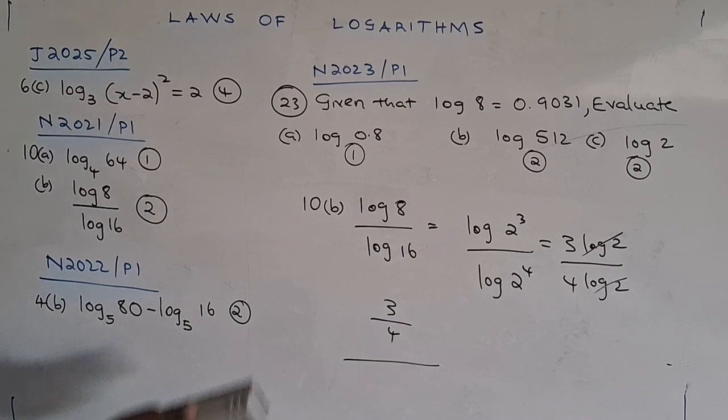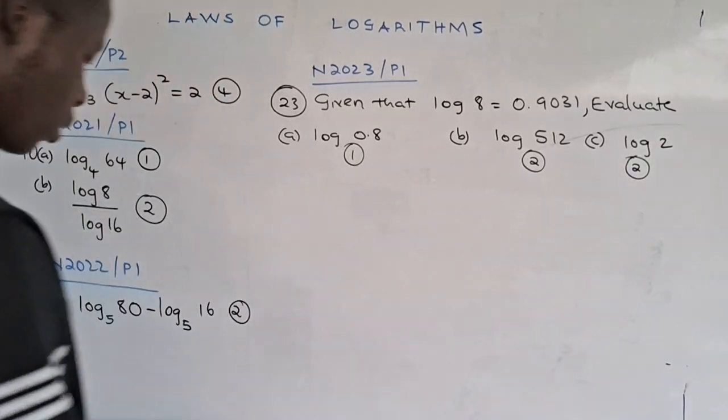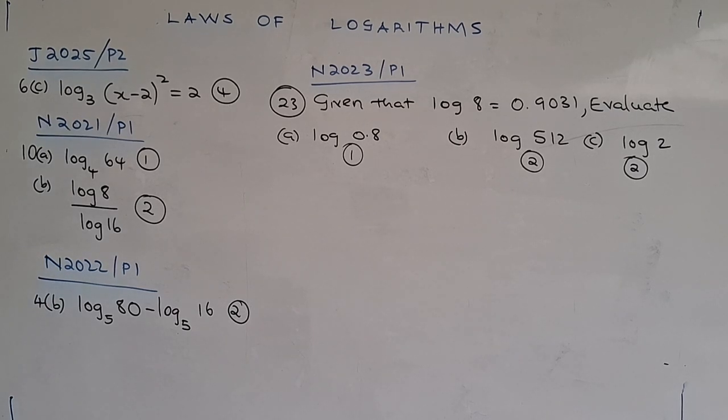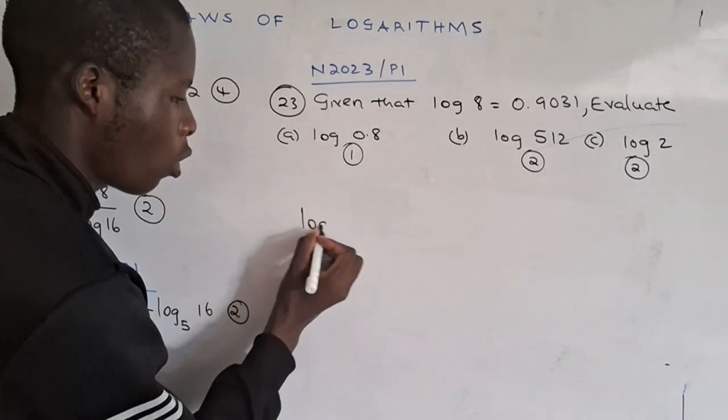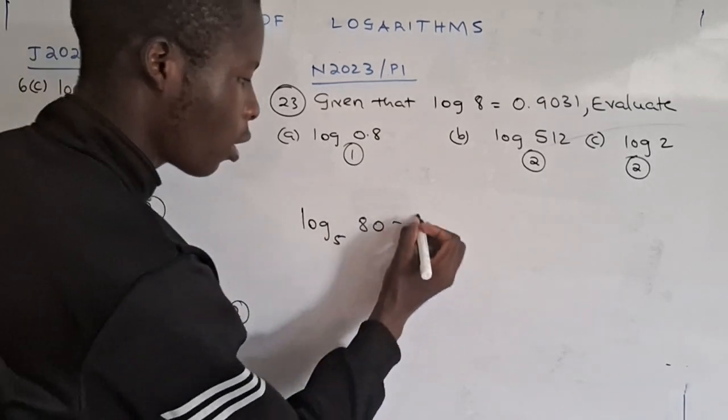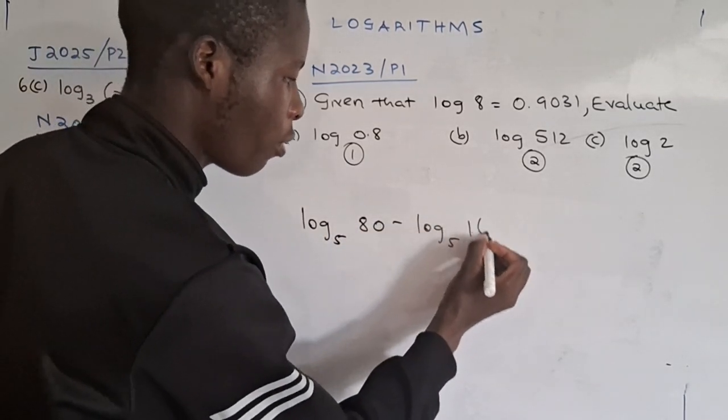Let's move on to the third question, which is coming from November 2022, paper 1. This is log base 5, 80 minus log base 5, 16.